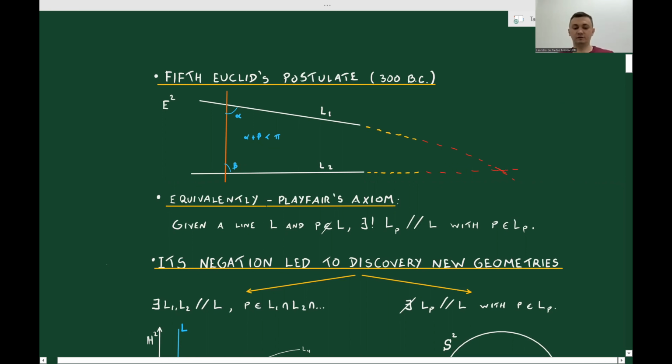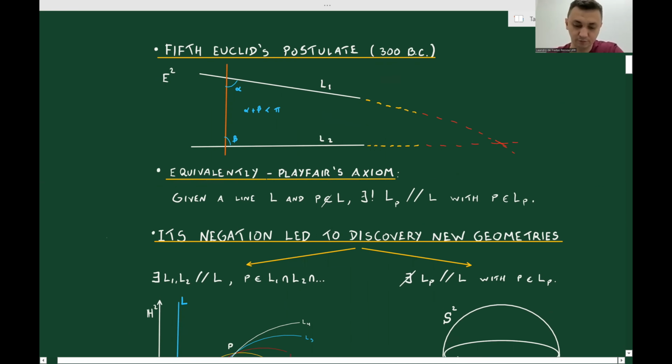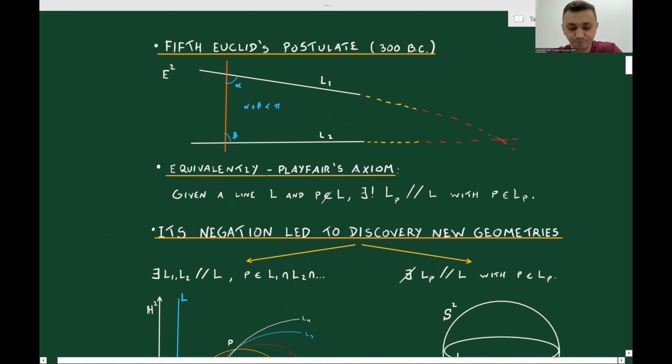Another way to say that, which we call Playfair's axiom, says that if you pick a line L and a point P outside this line, there is a unique line L_P, which is parallel to L and, of course, containing P.